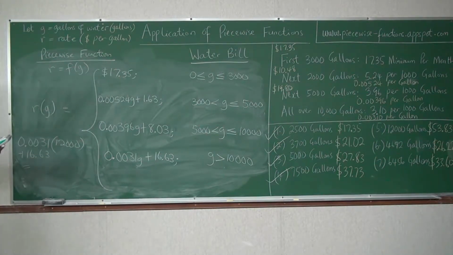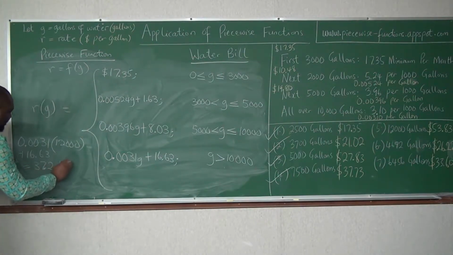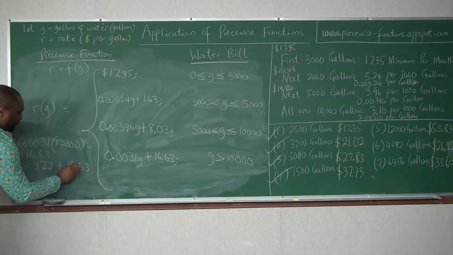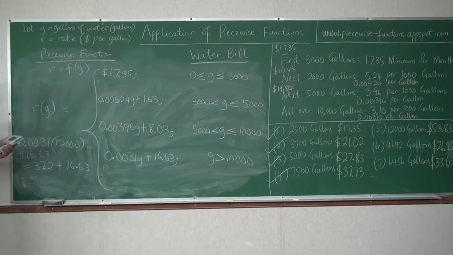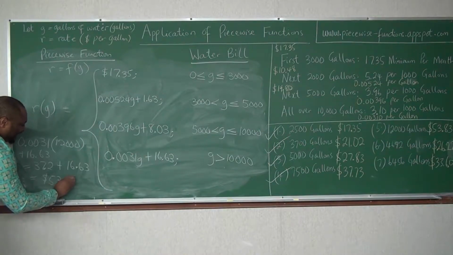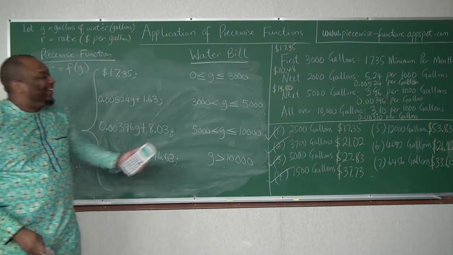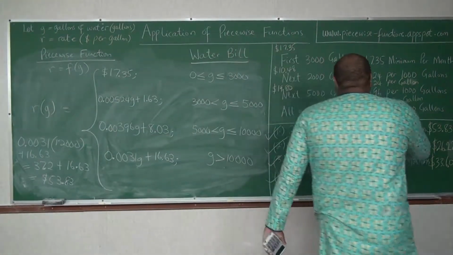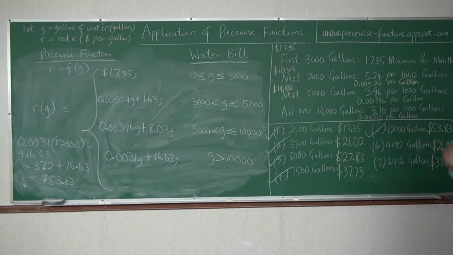And that will give us 0.0031 times 12,000, which is 37.2, plus 16.63, and that is 53.83. Thank God. 53.83. Works.